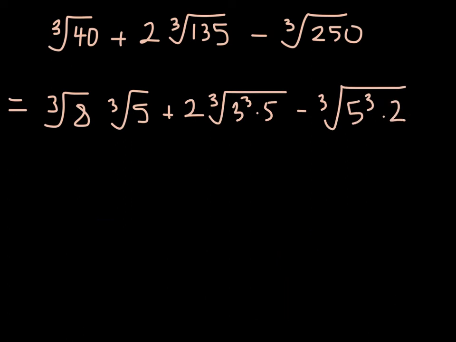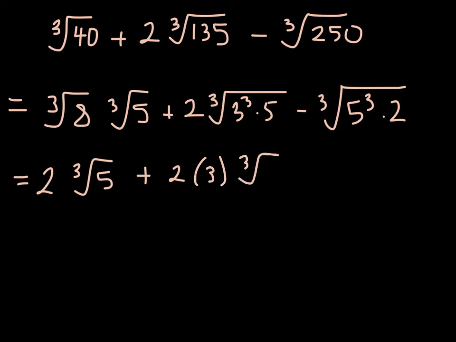So here we go. The cube root of 8 is 2 times the cube root of 5 plus 2 times. Now the cube root of 3 cubed, remember the cube root and the third power cancel, so it's just 2 times 3. But the cube root of 5 must stay, minus 5 times the cube root of 2.